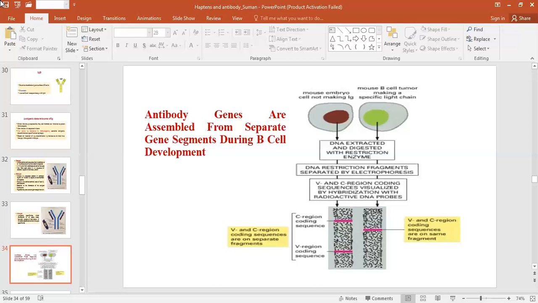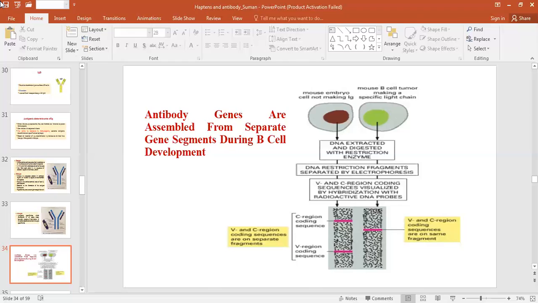This ability allows the B cell to switch from making a membrane-bound antibody to making secreted antibodies, or from making one class of antibody to making another, all without changing the antigen specificity of the antibody.